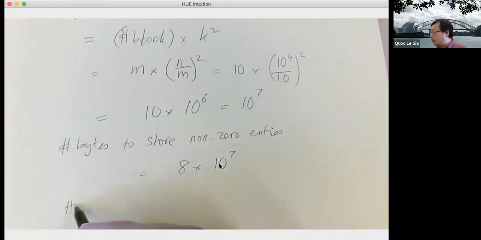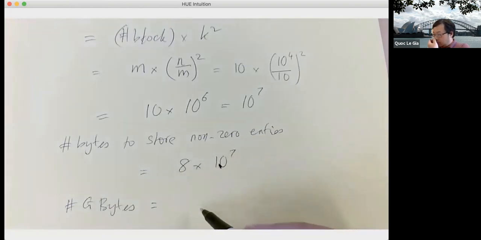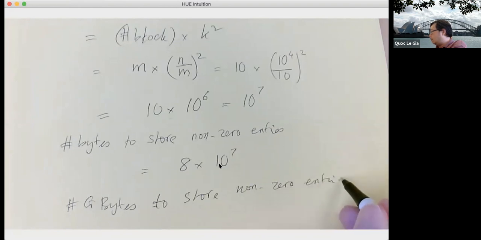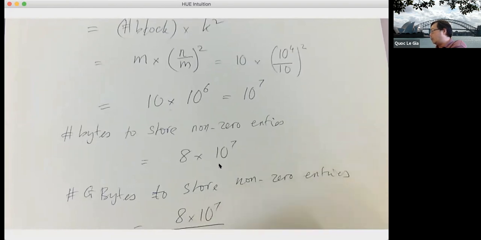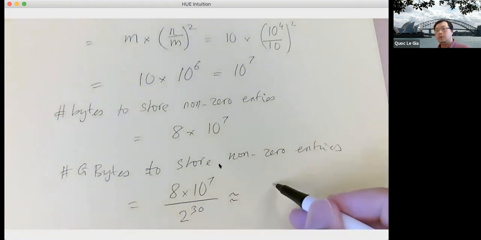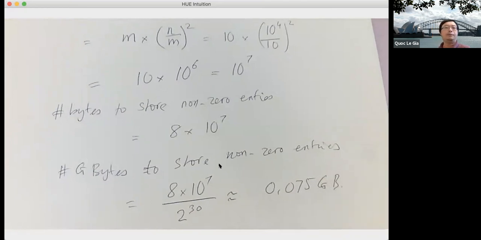And then the number of gigabytes to store the non-zero entries is just 8 times 10 to the 7 divided by 2 to the 30. It's just a simple calculation. If you put it in the calculator, it gives you around 0.0725 gigabytes.